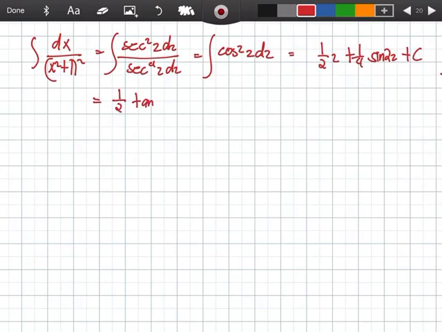Since x is tan z, z is arctan x, right? So, 1/2 arctan x plus 1/4 of sine 2z.